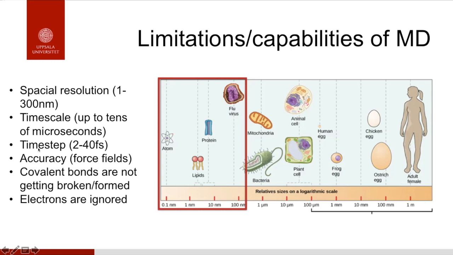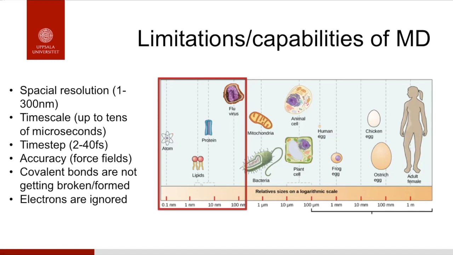Another limitation is that we cannot really increase the time step, because there are physical limitations such as the frequency of hydrogen atom oscillations. If we go above 2 femtoseconds, we won't preserve these carefully enough, and it won't be a good simulation anymore.